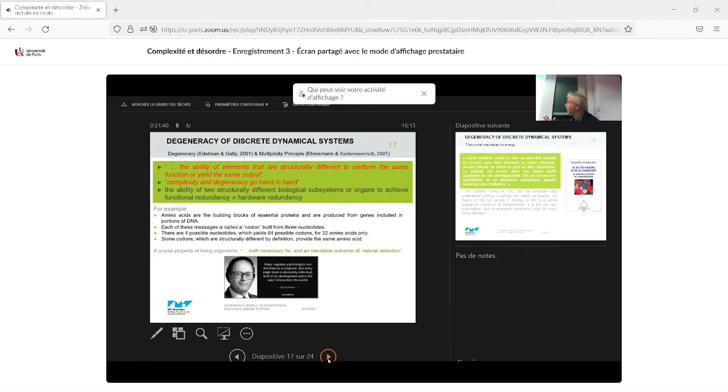So degeneracy is a biological notion, and it's the ability of elements that are structurally different to perform the same function or yield the same output. It's a kind of functional redundancy. It means that you may have two systems that are designed completely differently, that may have been designed for achieving ultimately some different functions, but they can work for the other in case the other fails.